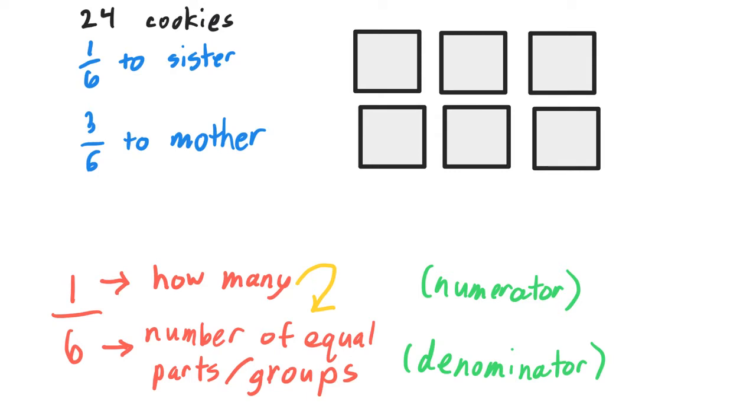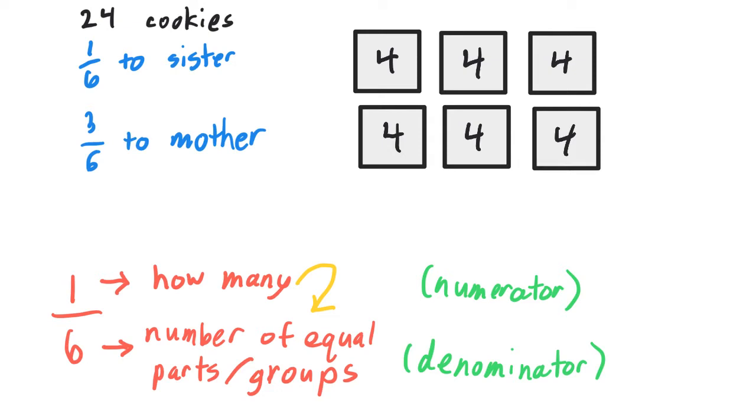For example, you could go 1 cookie, 2 cookies, 3 cookies, until you get to 24. But at this point, you probably know how to divide 24 by 6. Which is 4, so each box or each group is going to have 4 cookies. So I'm just going to write a 4 in each box because each group will have 4 cookies.